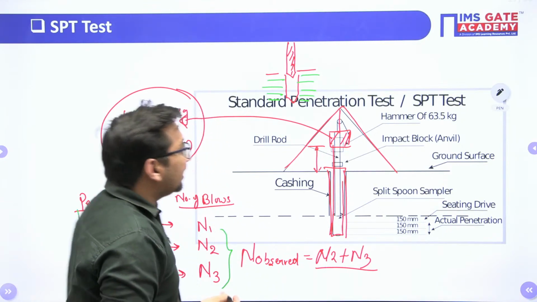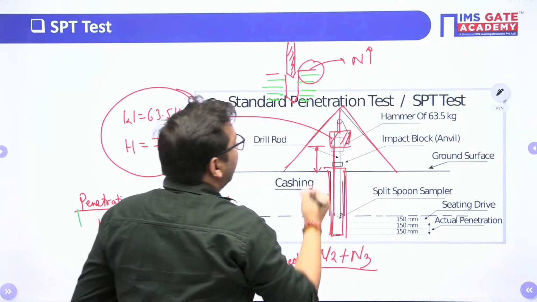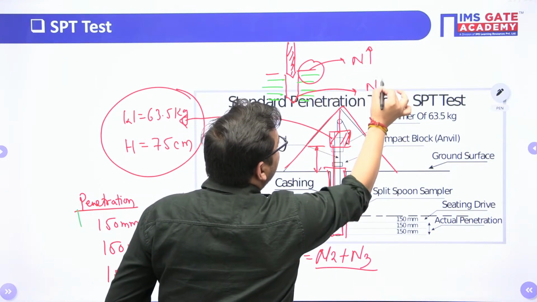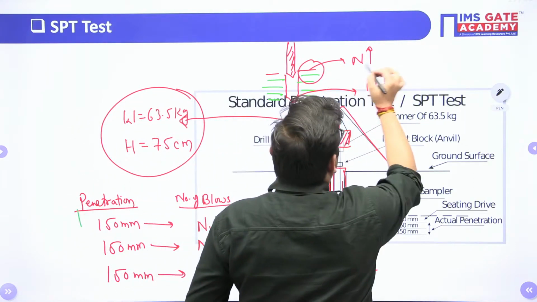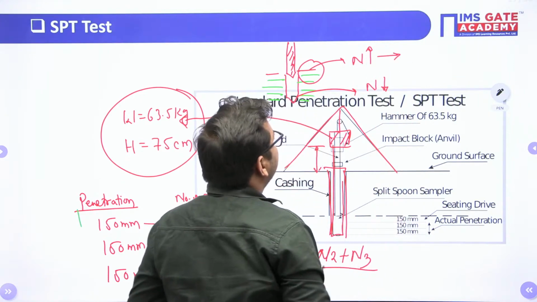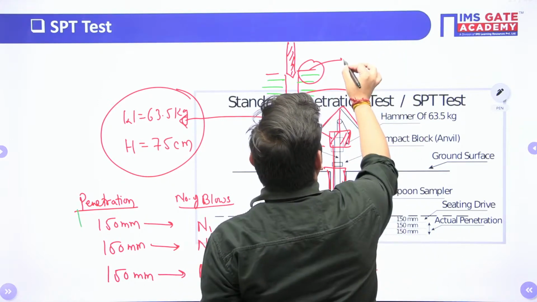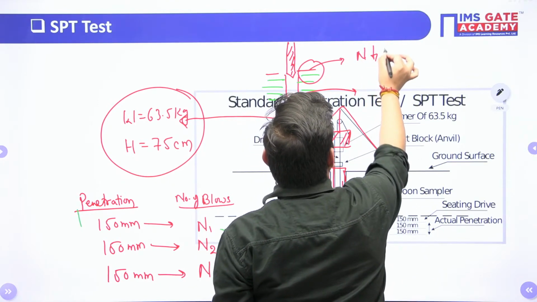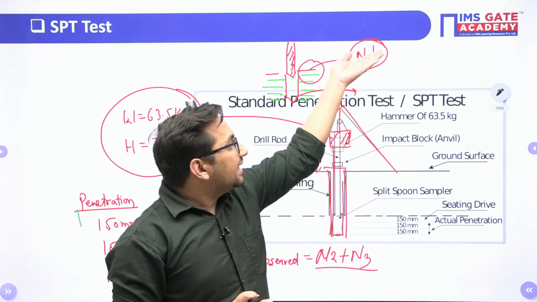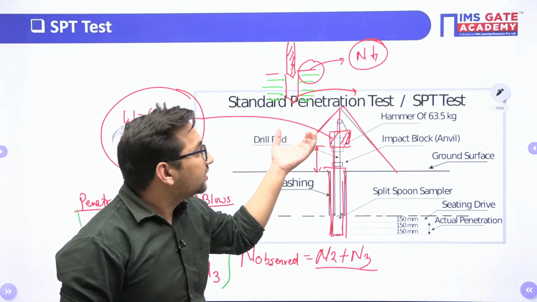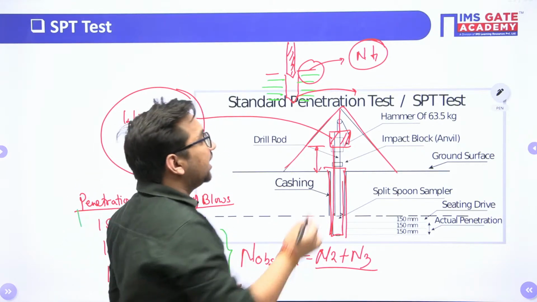So at a smaller depth, we will get a lower N value, that is, we will get fewer blows for the same penetration. Whereas at a greater depth, for the same penetration, you have to apply more blows. Yes or no? It means here the N value will be more.